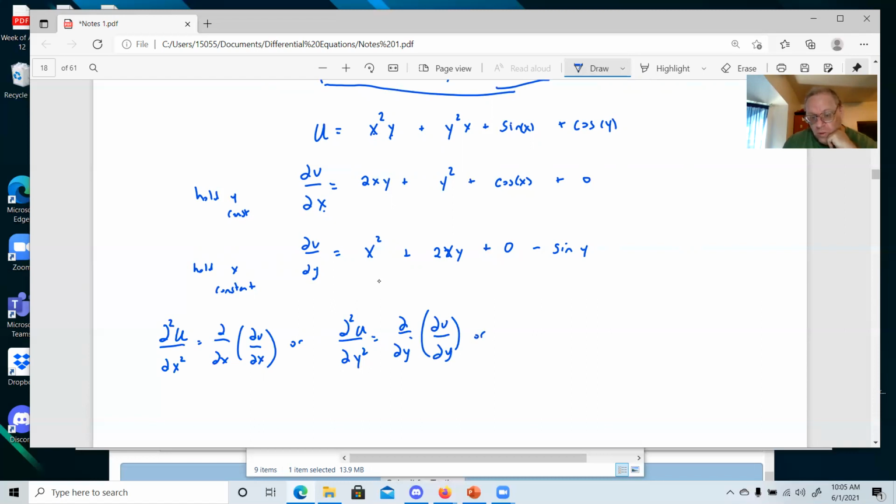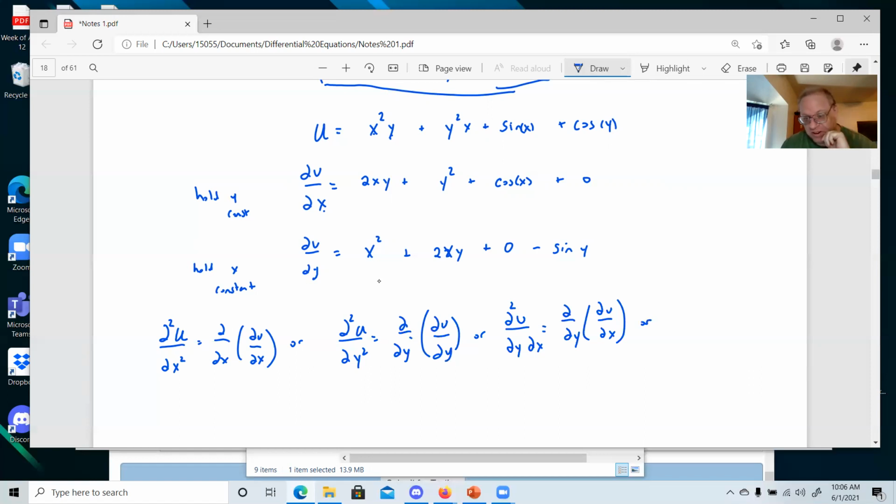So we're taking the partial derivative with respect to y of this function here. Or we could have d by dy of du dx. So what this means is that we have a function here of x's and y's. This is our function, du by dx. We're going to take this function and take the derivative with respect to y.